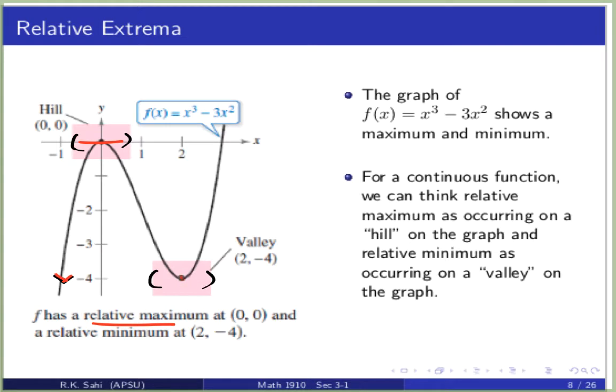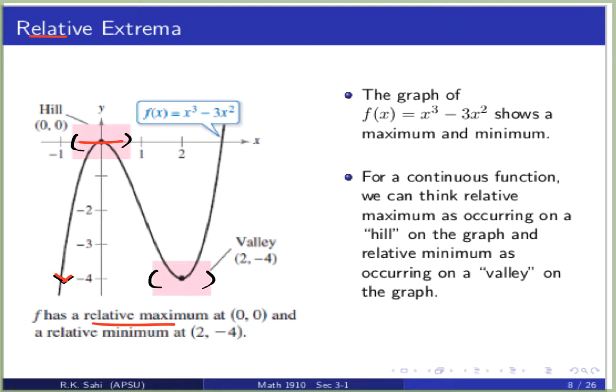Similarly, at the relative minima, all the values of the function near that point are greater than the value of the function at 2. This is one of the most important things when we talk about relative extrema.